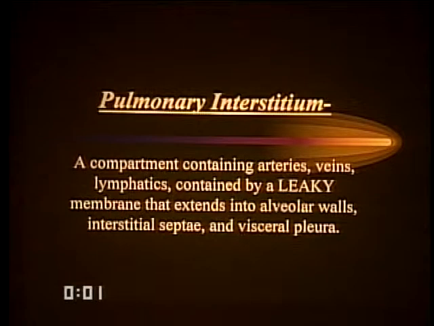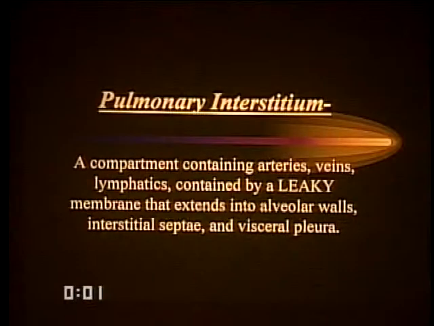When one looks at the interstitium a little more closely, what we're looking at here is the so-called secondary pulmonary lobule. The secondary pulmonary lobule is a rather confusing term because it implies that there is a primary pulmonary lobule, as there was, but the term is now largely abandoned, and we concentrate on the secondary pulmonary lobule, which is that structure of the lung which is the smallest part of the lung that is surrounded by connective tissue.